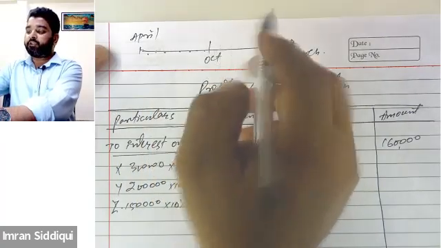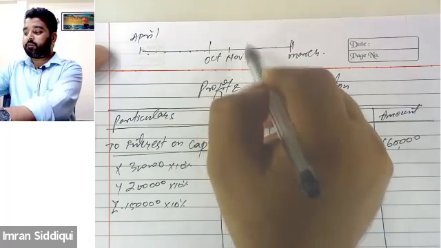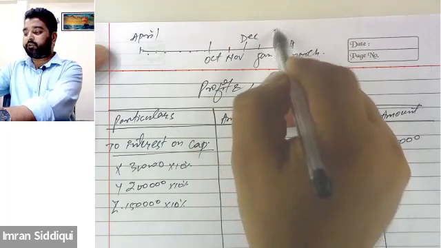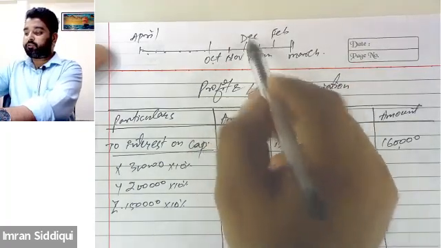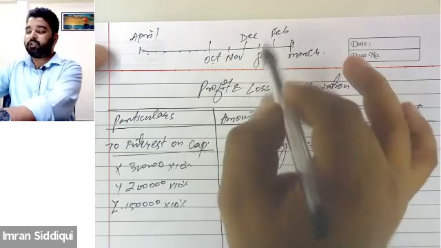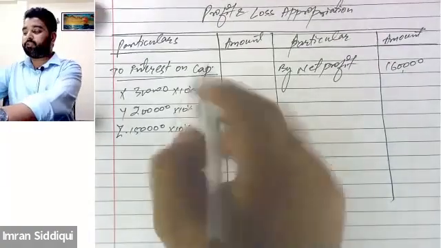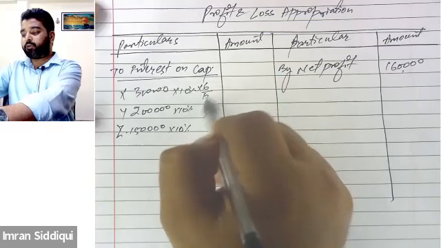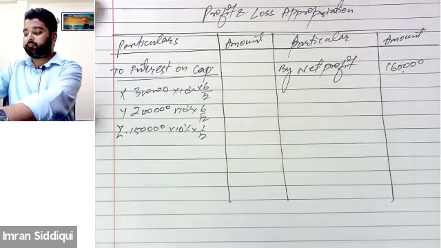They will be paid for October, November, December, January, February, and March. So there are 6 months for which they will be paid interest, which means we will calculate interest on their capital for only 6 months. So we will simply multiply it by 6 by 12. Is that right, everyone? Yes, sir.